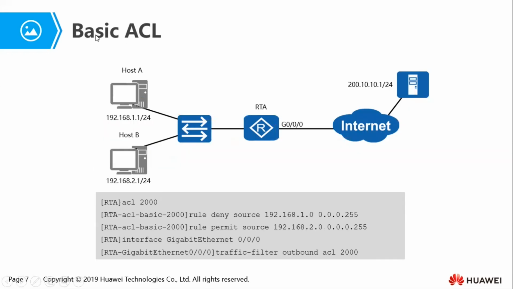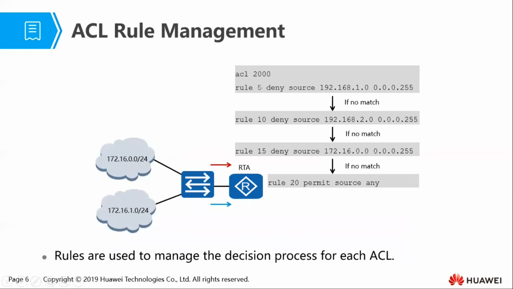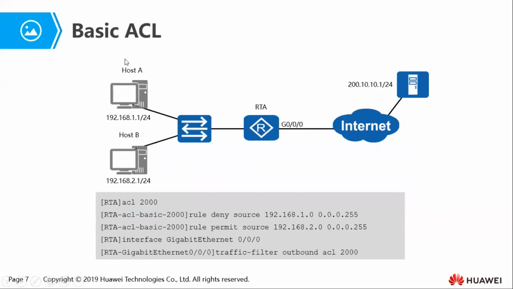So we can always validate. Let me just show you something. When you're creating rules, you can remember the rule identifiers. Like here, we have rule 5, rule 10, rule 15. Those rule identifiers are referred to as the ACL steps.